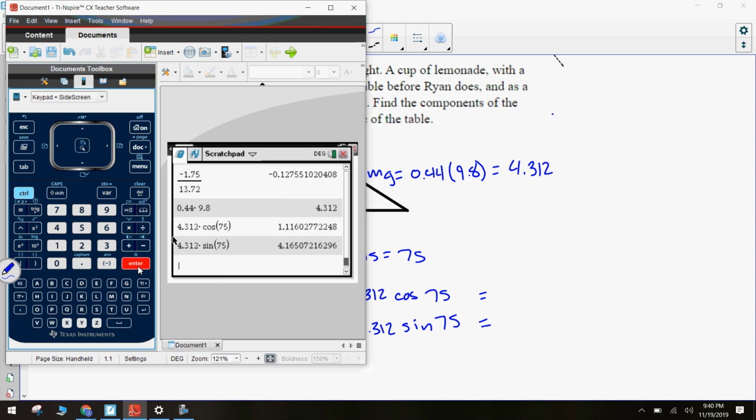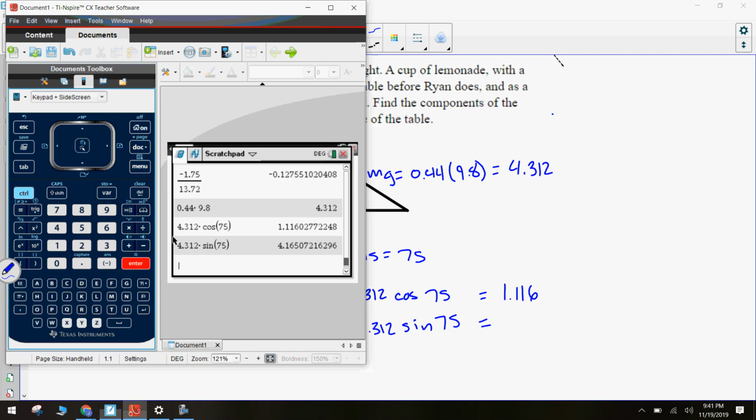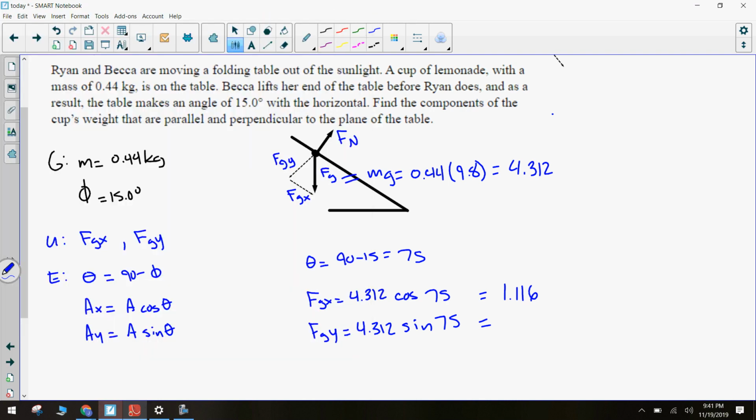So on the top I got 1.116. The bottom one I had 4.165. So I need to check my sig figs. I got 2 for my math, so that's what I'm going to use. That rounds this to 1.1 newtons. And this would be 4.2 newtons.